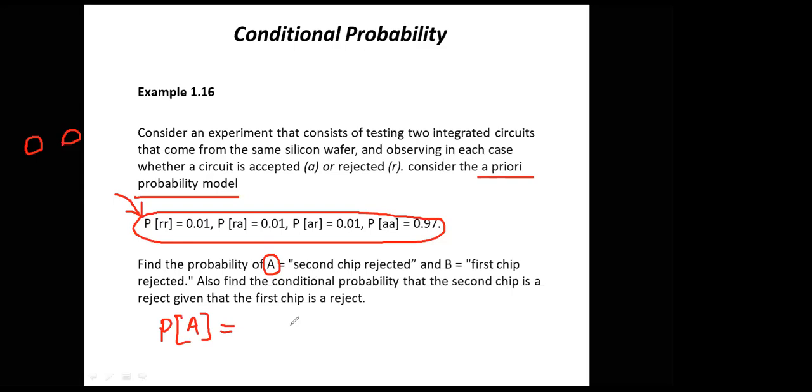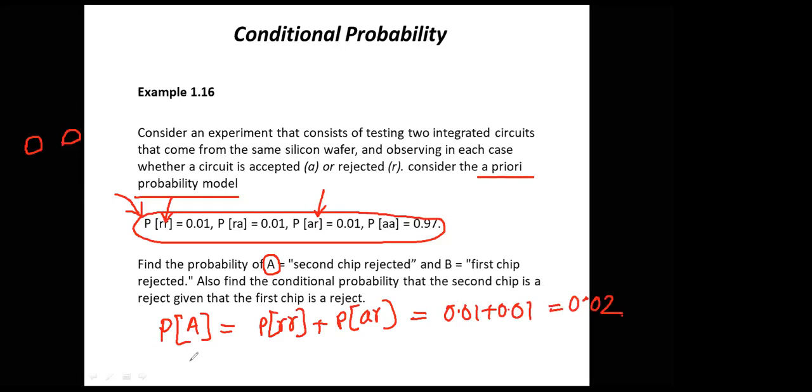In which cases is the second chip rejected? RR and AR. So when I'm talking about the probability of second chip rejected, we have to add these two probabilities: probability of RR plus probability of AR. If I add those two, we will find 0.02. That is the probability of A.